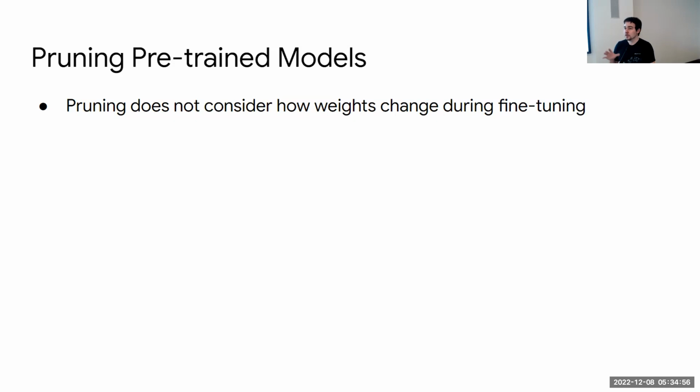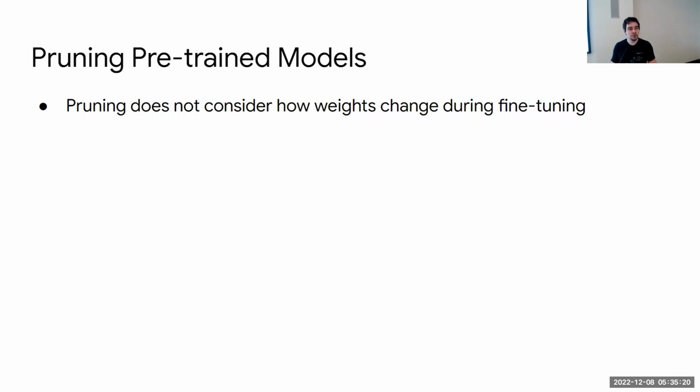With that in mind, the approaches that I've talked about before were more focused on standard pruning, so pruning as it has been previously applied to randomly initialized models. These were models trained from a random initialization, which do not take into account that the initialization we have for our pre-trained models is already quite informative.